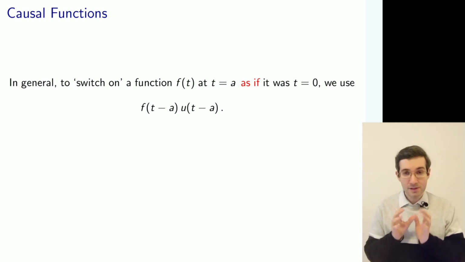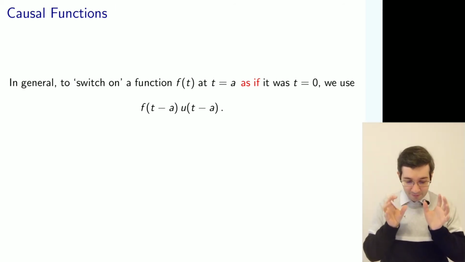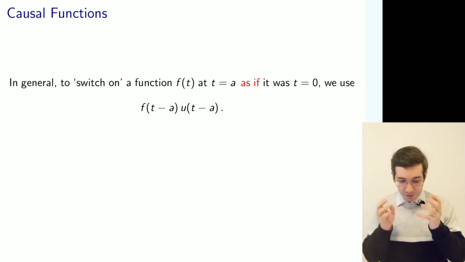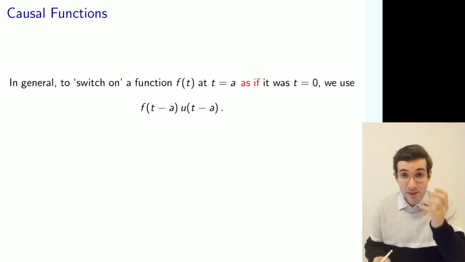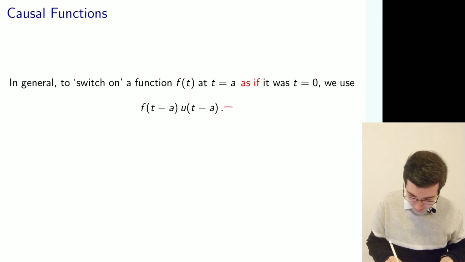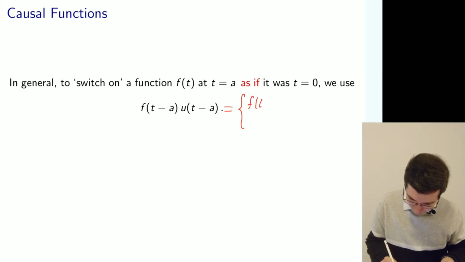We can see already that in general we can make a function which appears to be switched on at time a as if it was actually time 0. So you can say that that is a generic function f multiplied by the unit step function, which can be described as the function itself for times greater than a and 0 for times less than a.